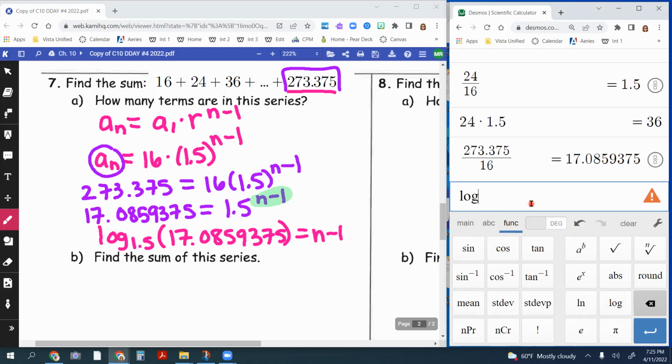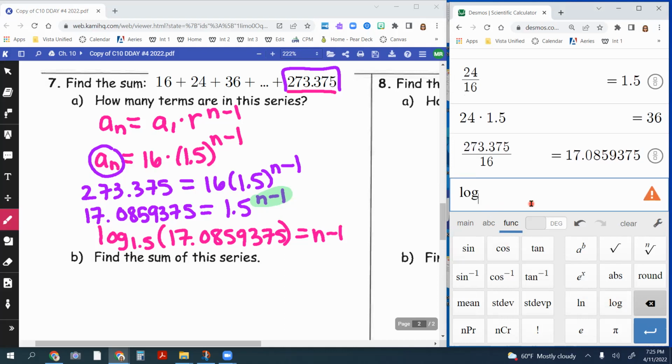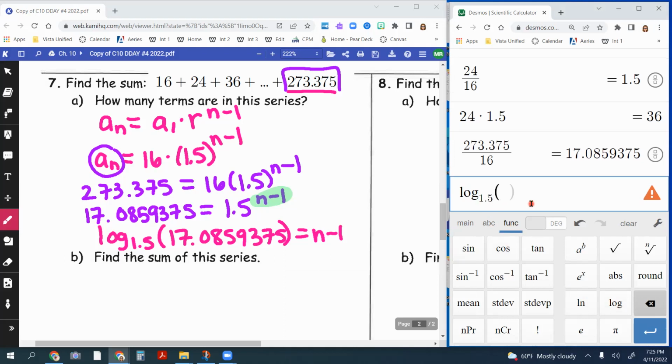So log base, I did shift, 1.5 of 17.0859375. And I guess it won't let me. So I can do this by doing change of base, but let me just get a Desmos graphing calculator up.